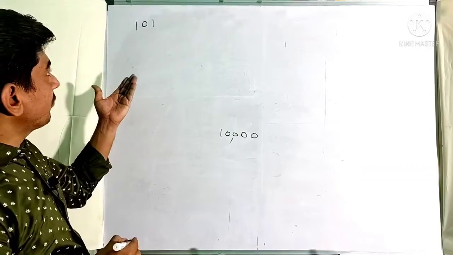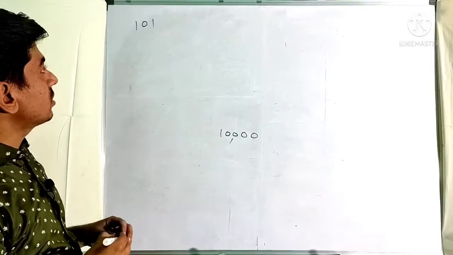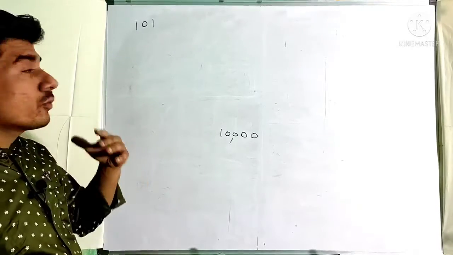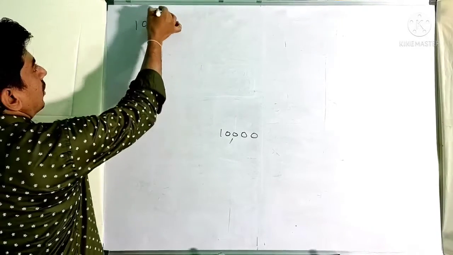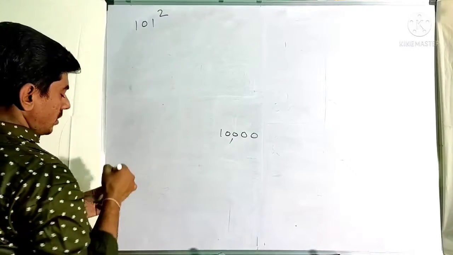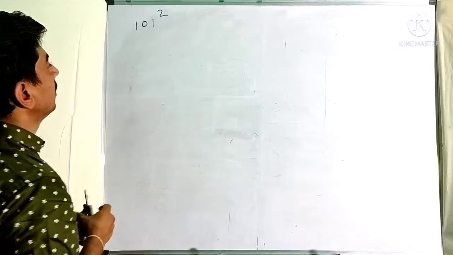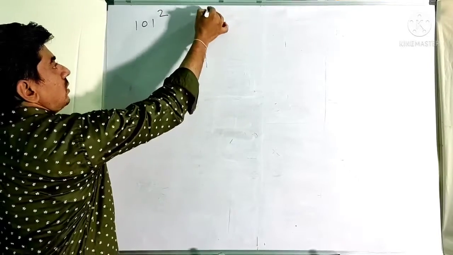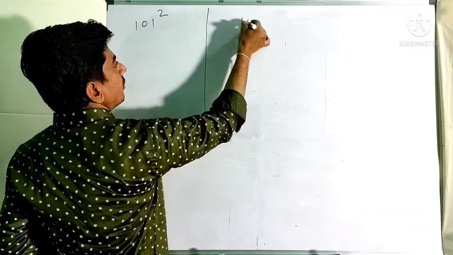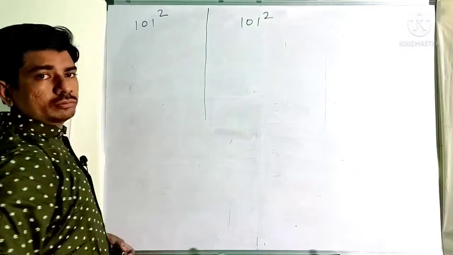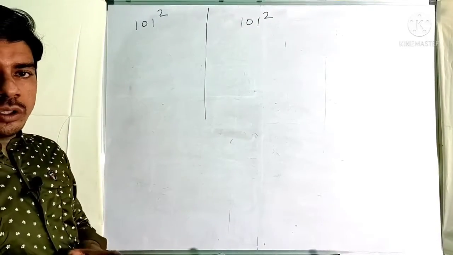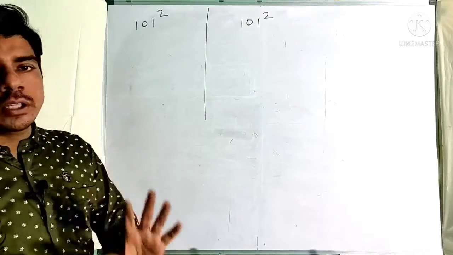It is also simple, and it will be helpful for us to understand the method of solving 3-digit numbers. The question is, find the square of 101. Here 101 square can be solved with the help of 2 methods. The first step, we know, is to separate the number.